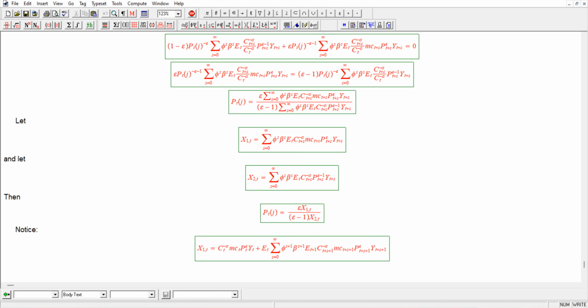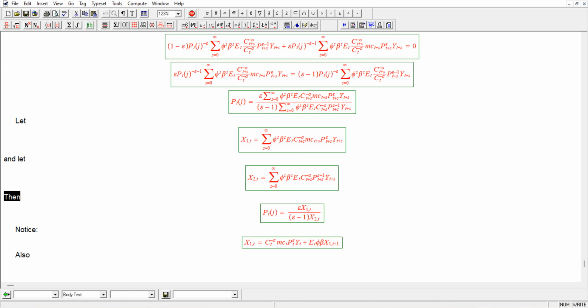But then we could divide everything in here by phi times beta, which would mean that we can lower this accordingly. And then, lo and behold, that means that this whole thing can be replaced by x sub 1 measured at t plus 1. So this has a recursive structure.